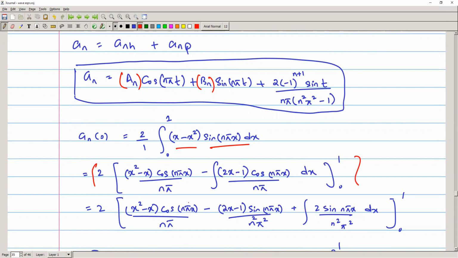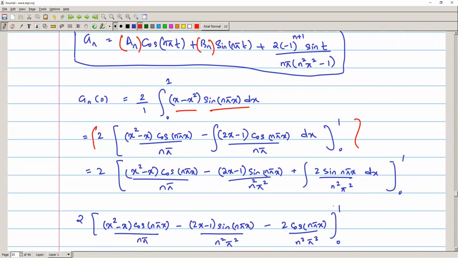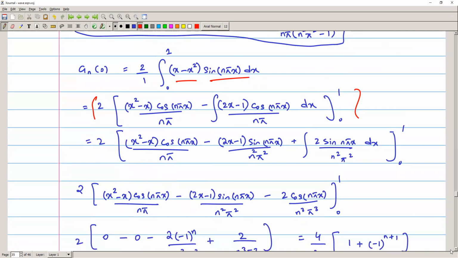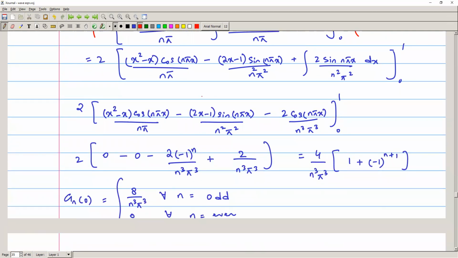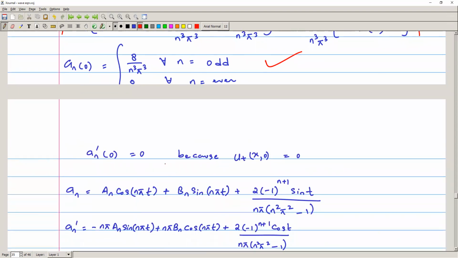We solve this integral and apply the limits, and we get the value of a_n(0), the initial condition for the problem. a_n prime(0) will be equal to 0, because the initial velocity is given: u_t(x, 0) equals 0.